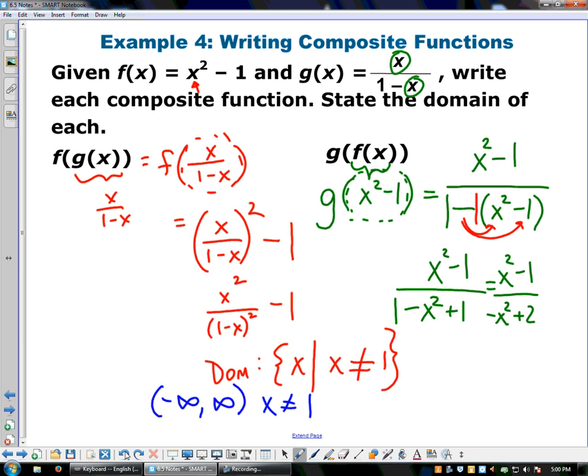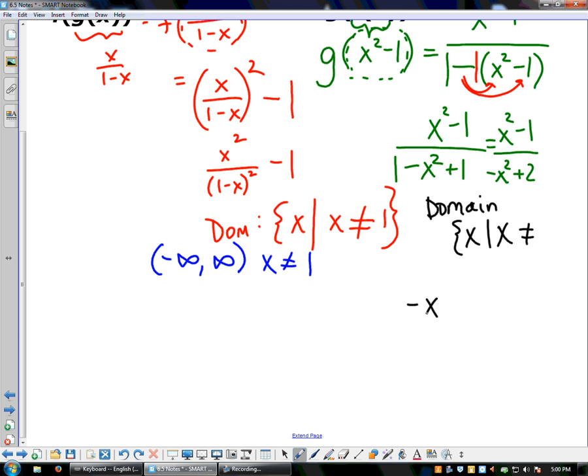So to finish this up, we want to talk about our domain. So our domain, again, we'll use the same notation here. It's going to be x, part of the real number system, such that x cannot be what value? Well, we need to, again, set our denominator equal to 0. So let's do a little solving here. What values of x would this be? Well, maybe I'll subtract 2 over. I'll divide by -1.